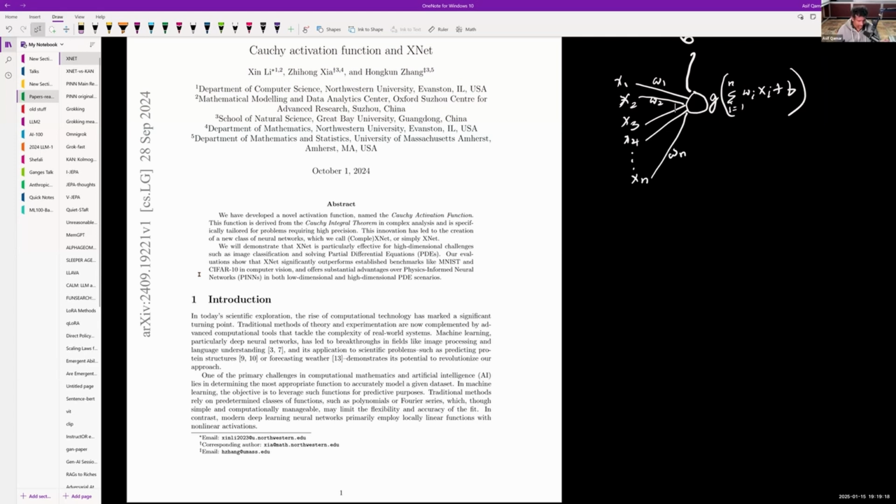We will demonstrate that XNet is particularly effective for high-dimensional challenges such as image classification and solving partial differential equations. Our evaluations show that XNet significantly outperforms established benchmarks like MNIST and CIFAR-10 in computer vision and offers substantial advantages over physics-informed neural networks in both low-dimensional and high-dimensional partial differential equation scenarios.